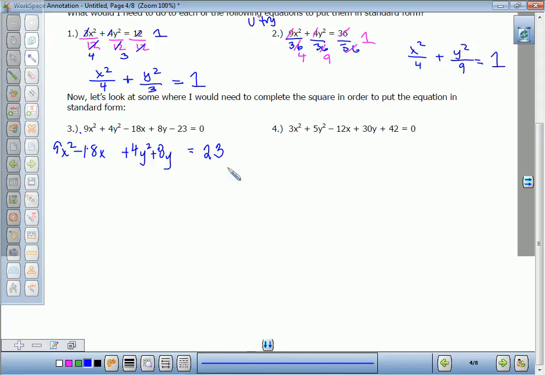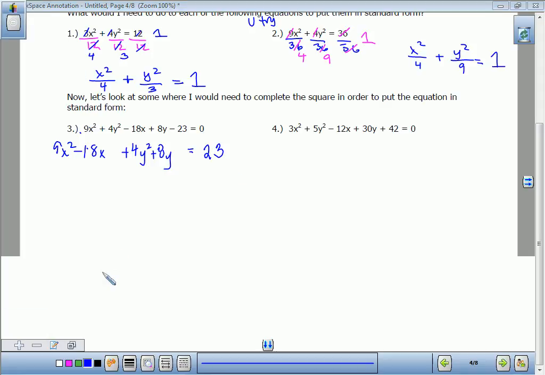So step 1 is just like completing the square for a circle. But if you remember from completing the square for a parabola, whenever our squared term has a coefficient, that coefficient must be factored out. So we would have to factor out the 9 from all the x values.